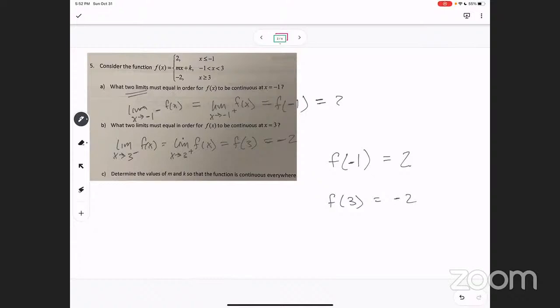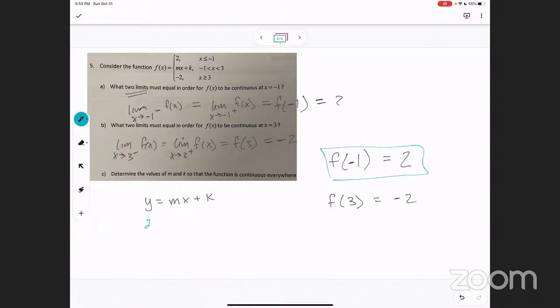So let's write those two equations out. My equation is y equals mx plus k, and I'm going to plug in -1 and 2. There we go. I'm going to plug in these. I have a system of equations. Here's my blue one, I'll do this in blue.